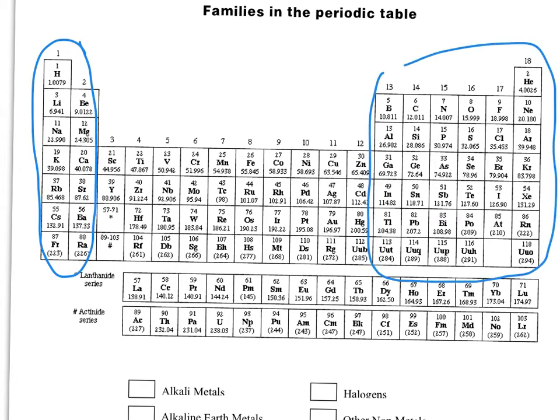So basically the S and P blocks. The reason why we call them representative elements is because they represent the elements on the periodic table when it comes to these trends in the properties. So when we look at atomic size or reactivity or anything like that, when we say down a group or across a period, we are mainly talking about these representative elements.